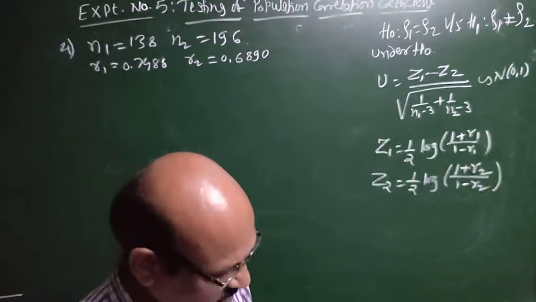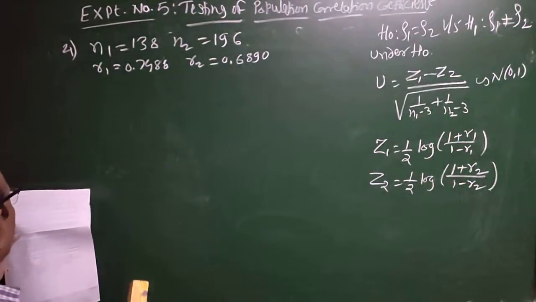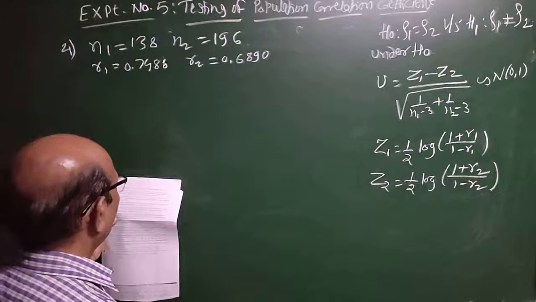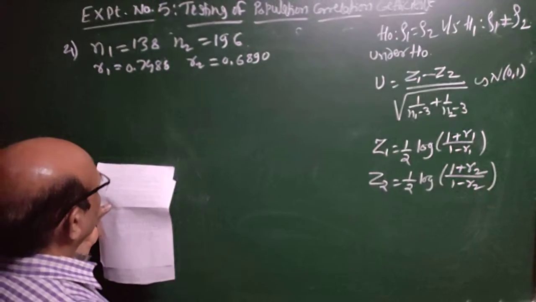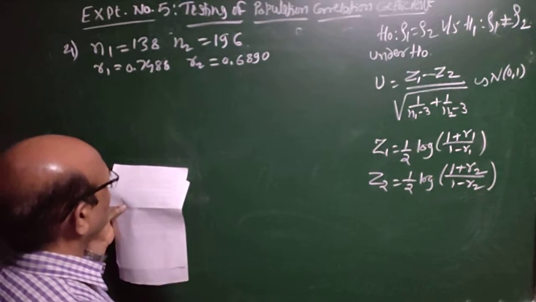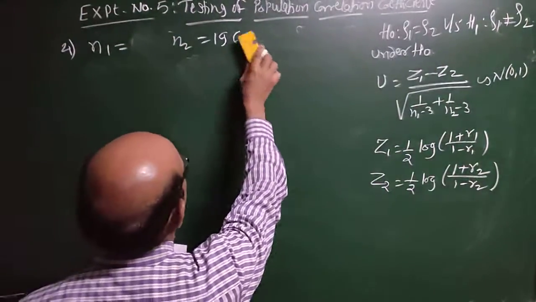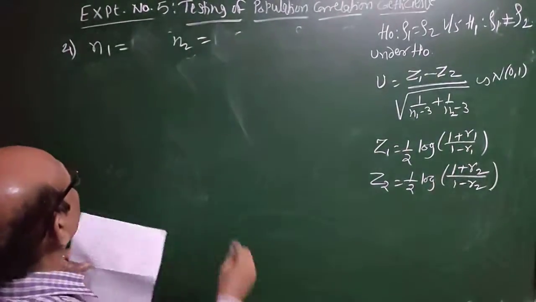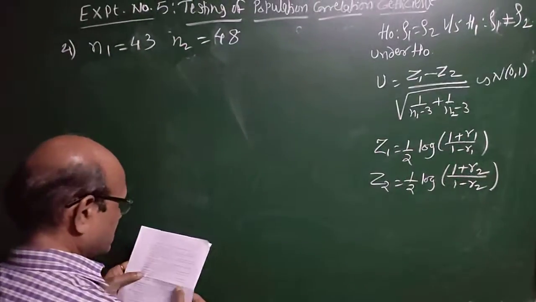And the last question is, a psychology test is administered in 2 groups which contain 43 and 48 persons. That means N1 and N2 are given to you: the first group has 43 persons, the second has 48 persons.